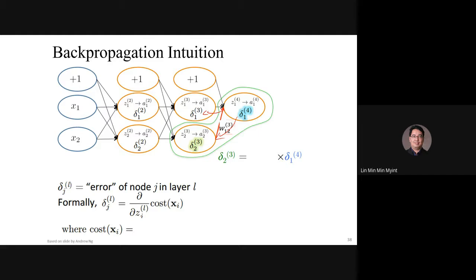For that error, we call it sigma 2 layer 3, for node 2 layer 3. This will be equal to W, in this case W 1 2 3. Because this error is not only from this one, how much contribution it has depends on this weight. That's why we have to multiply with the weight to get this error.